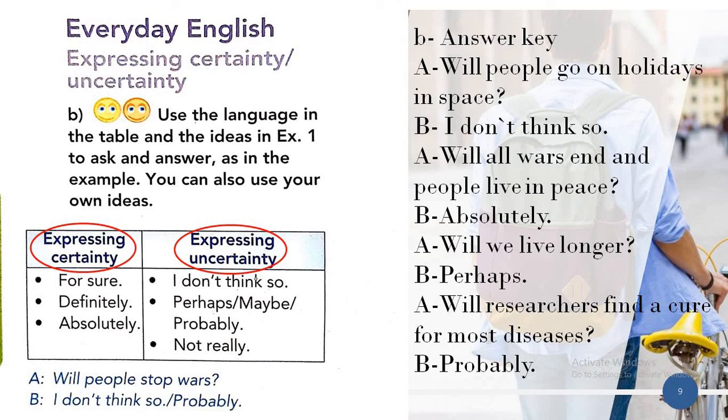So you can finish the other questions. It's very easy. You just ask a question using will, and the answer is very simple. If you are sure that things will happen, or you are a positive person, use certainty words. And if you are not sure about things, use uncertainty.